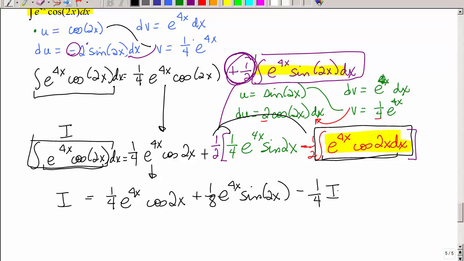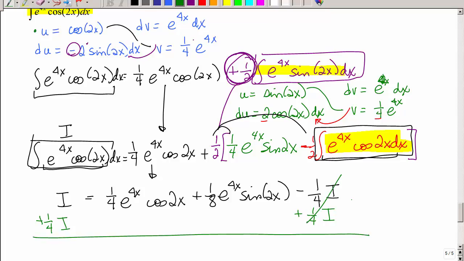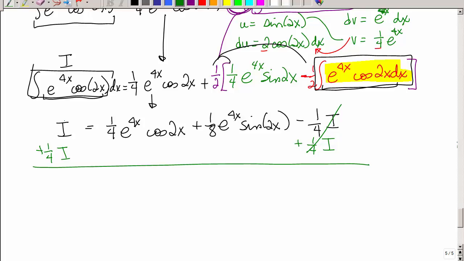So just like in baby algebra, we can add 1/4 I to both sides. Solving for I. Now remember, this is 1 plus 1/4. So that's 4/4 plus 1/4. That would be 5/4 I equals all of this.